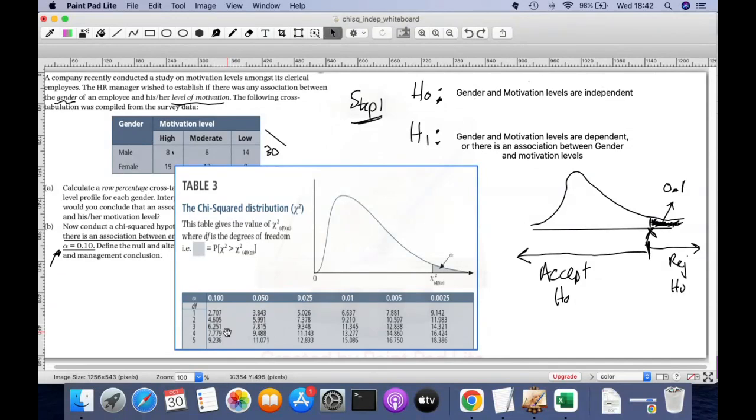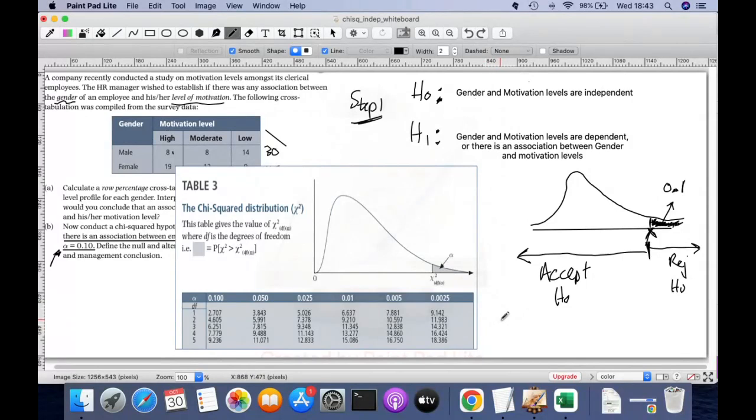To do that, I need my degrees of freedom. Now for the chi-square test, your degrees of freedom is done in a slightly different way to how it's done in the t-distribution. For your t-distribution, it would just be sample size minus 1.